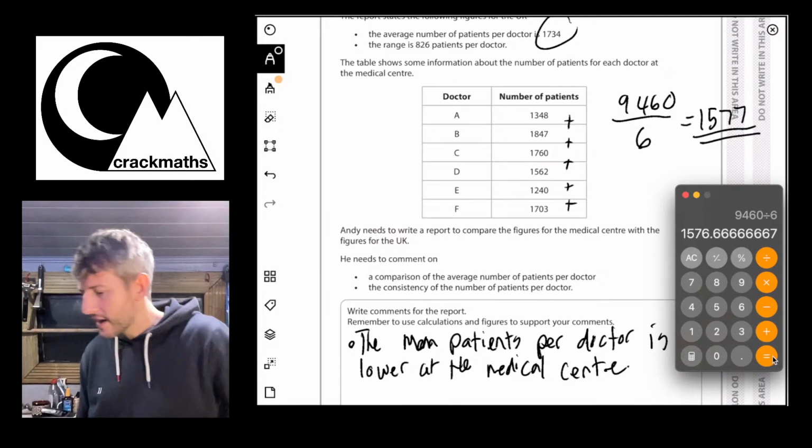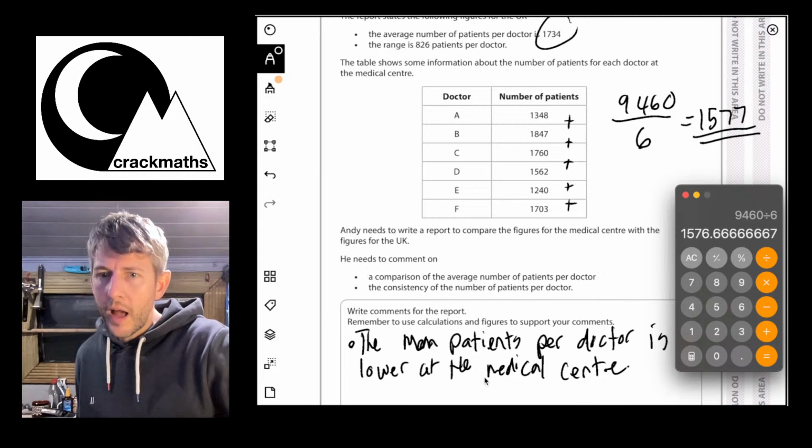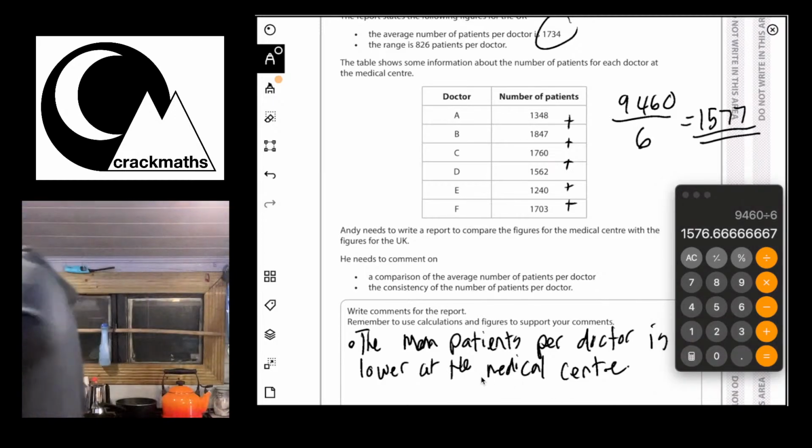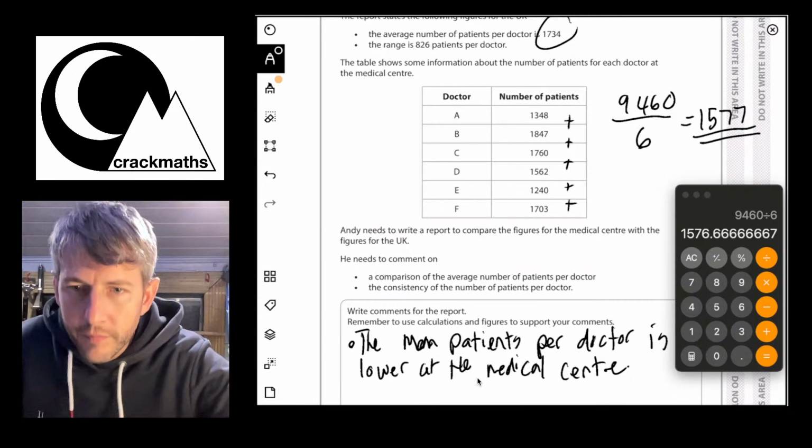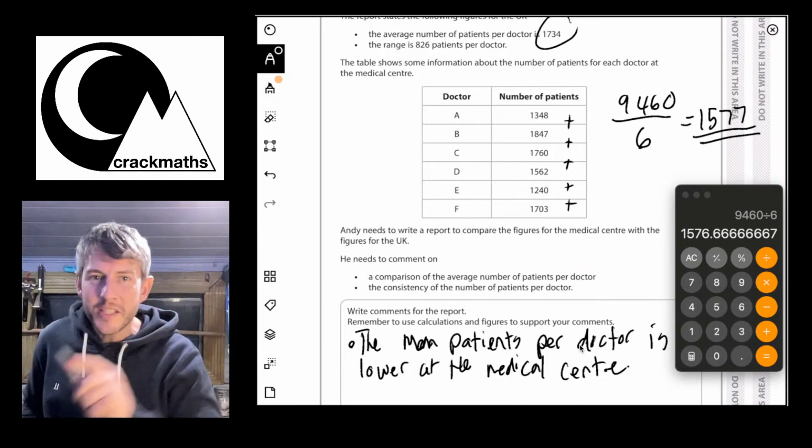Okay, right, I'll be back in a sec. Quickly have a think about the median. Okay, right, so I said to quickly have a think about the median.